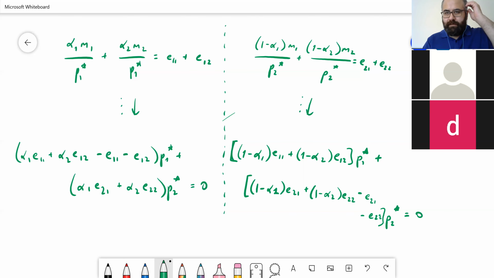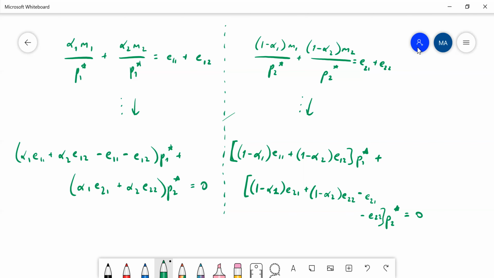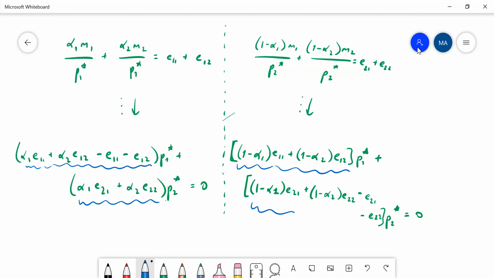Now, after you do that, notice one thing. This is a constant. This is a constant. This is a constant. And this whole thing is a constant. So you can denote them by A's and B's. Let's say this is A, this is B, this is C, this is D. So what do you have?